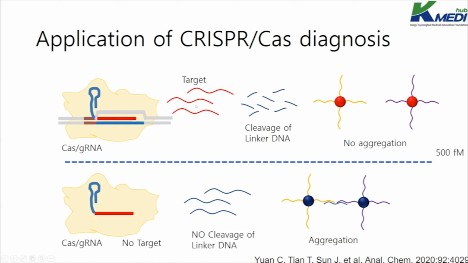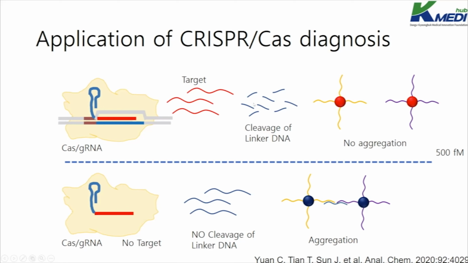So when there is a target, the Cas system cleaves all these single-stranded linkers, not only the target but also all the linkers. So there is no aggregation of gold nanoparticles when there is target.